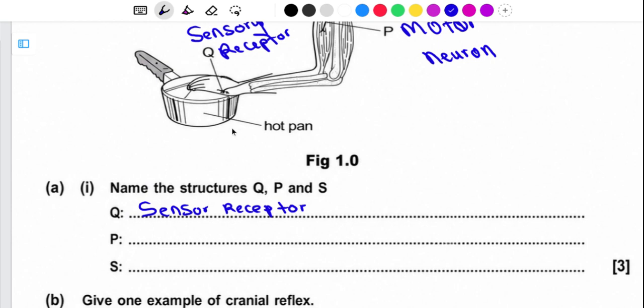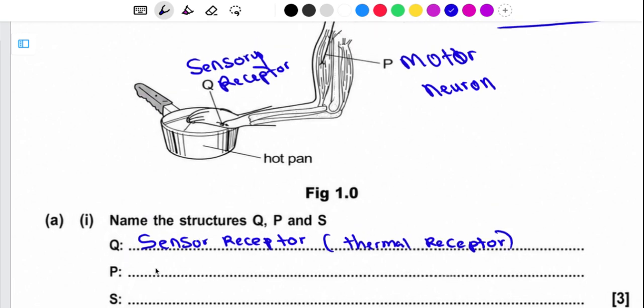Or you can say thermoreceptor, since thermo means heat. Here we have a hot pan, meaning those receptors are able to detect the change in temperature. So they can be called thermoreceptors or receptor. This one is also acceptable.